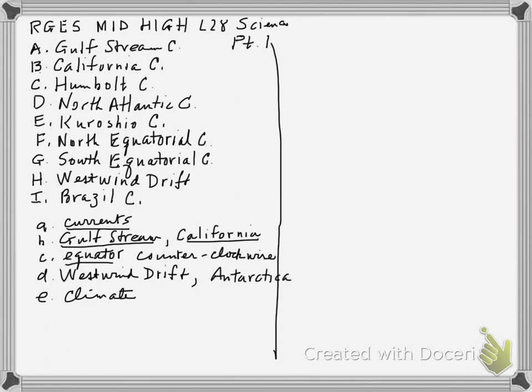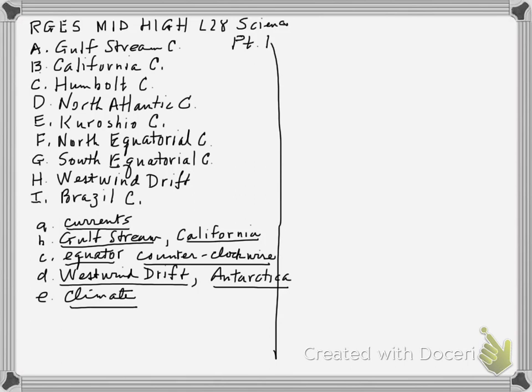Counterclockwise rotation or direction. D, the west wind drift current in the southern hemisphere completely circles the cold continent of what? Antarctica.